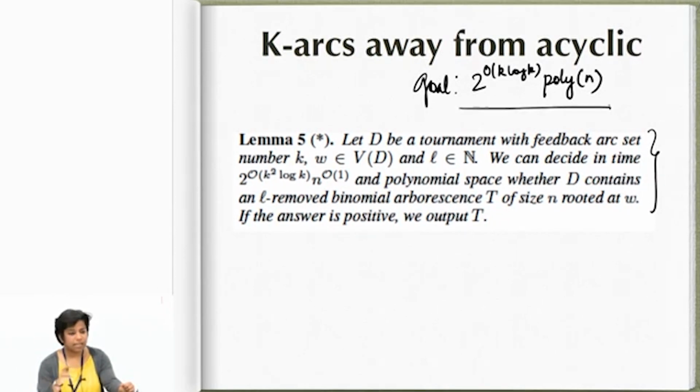Given that we have that characterization of the L-removed binomial arborescence, can you use that to give an algorithm to determine whether the given instance has an SBA rooted at V star with L reversed arcs?